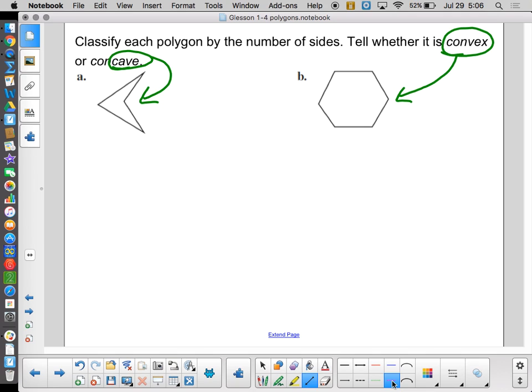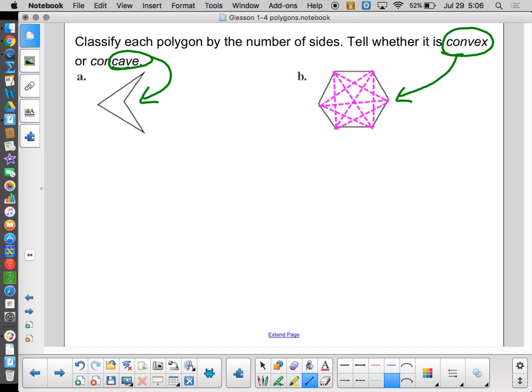And in a convex polygon, the diagonals are all inside the polygon. A diagonal connects 2 non-consecutive vertices. So there, I've got lots of diagonals in this thing. All sorts of diagonals. Look at all those diagonals.